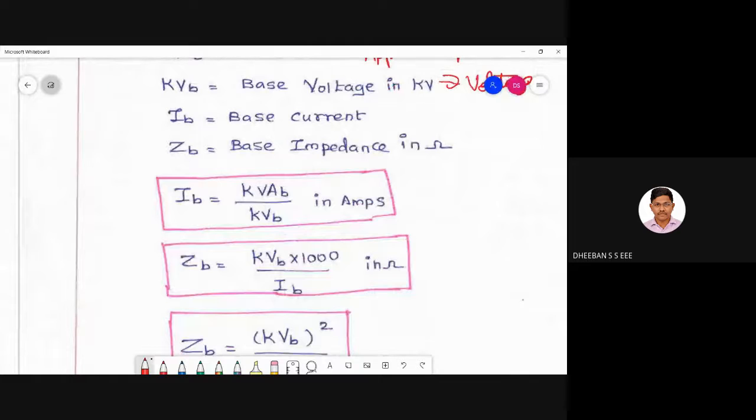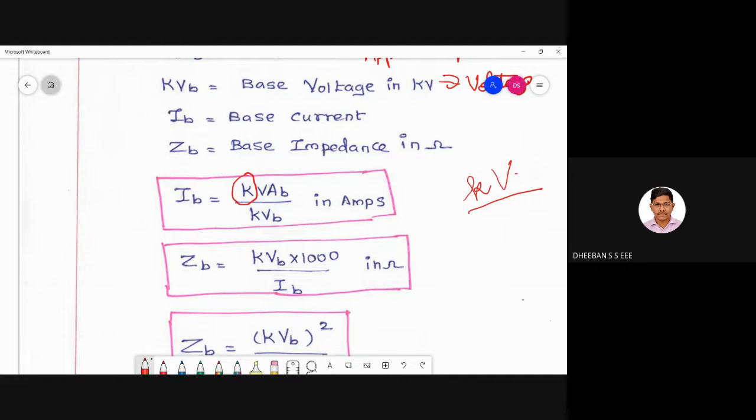Here you can see the same formula is repeating. Generally we speak in terms of kVs. In the transmission line, we generally represent the voltage in kilovolt, and hence the power will also be in kilovolt amps. So the impedance is given by kV base by I base into 1000.